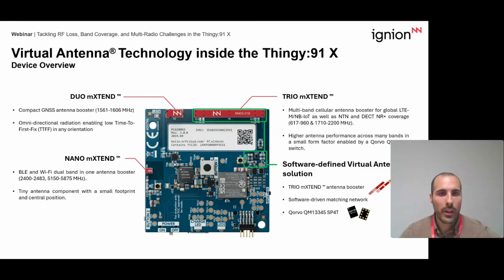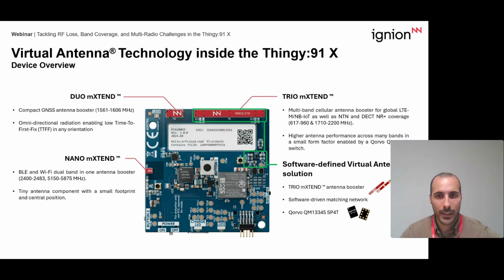Starting at the top left, the DUO extent provides GNSS coverage and delivers omnidirectional radiation patterns, ensuring a fast time to first fix. In the center left, we find the nano extent, our dual band Wi-Fi and Bluetooth antenna booster, covering both 2.4 and 5 gigahertz bands.